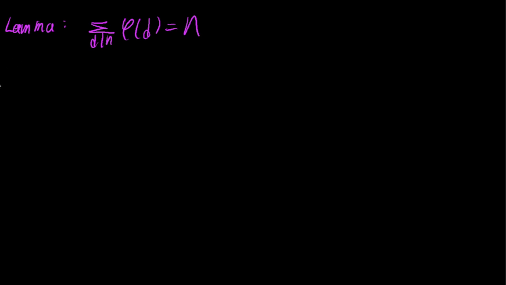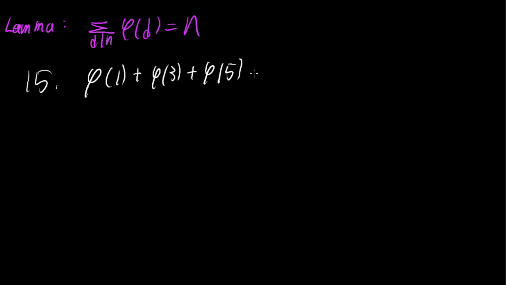What it essentially means is that, for example for 15, we write down every divisor and sum the Euler's totient function: phi 1 plus phi 3 plus phi 5 plus phi 15, and this expression should be equal to 15 itself.